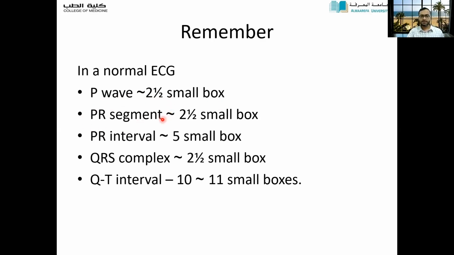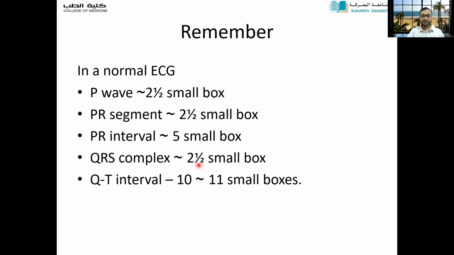The PR segment also has a maximum limit of 2.5 small squares. For the PR interval, just double it: 2.5 doubled is 5 small squares. So always remember in multiples of 2.5. P wave 2.5, PR segment 2.5. If you combine both of them, it is the PR interval, that is 5 small squares.